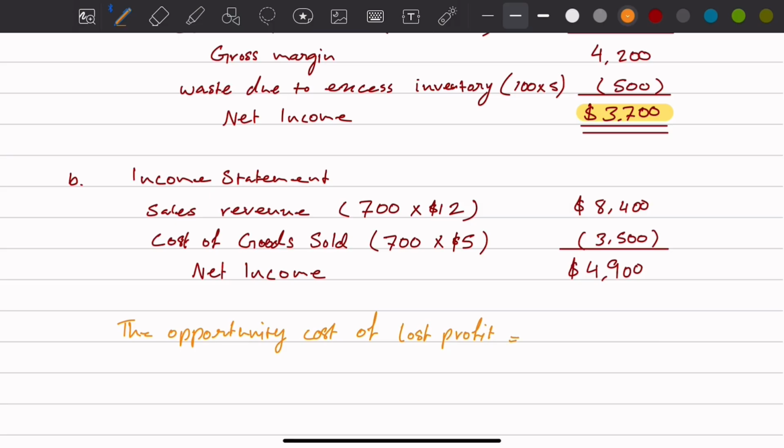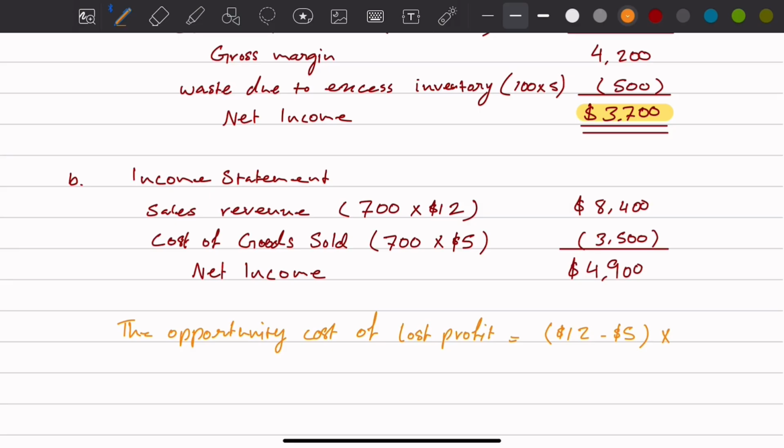the gross margin of a unit of sale, which is the selling price, the $12, minus the $5 cost of each t-shirt, multiplied by the number of t-shirts that are ordered but are not available to be sold. Meaning that the school had 700 t-shirts available for sale, but they received 800 t-shirt orders.